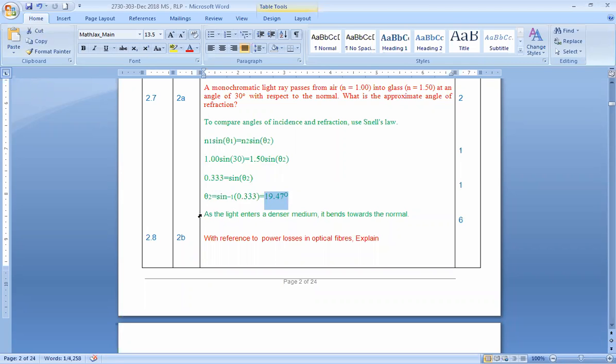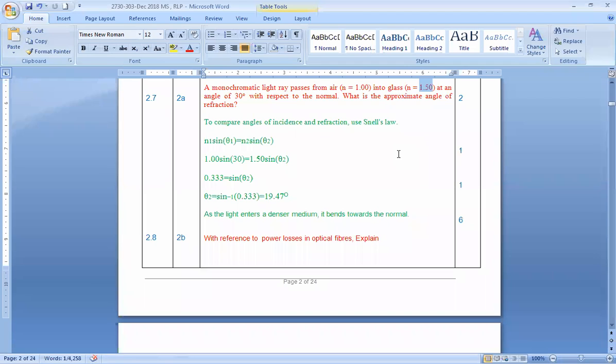As the light enters a denser medium, it bends towards the normal. You can see that with the indexes given, air has 1 and glass is about 1.5. So it is entering into a more dense medium, which means it is not as free as air.